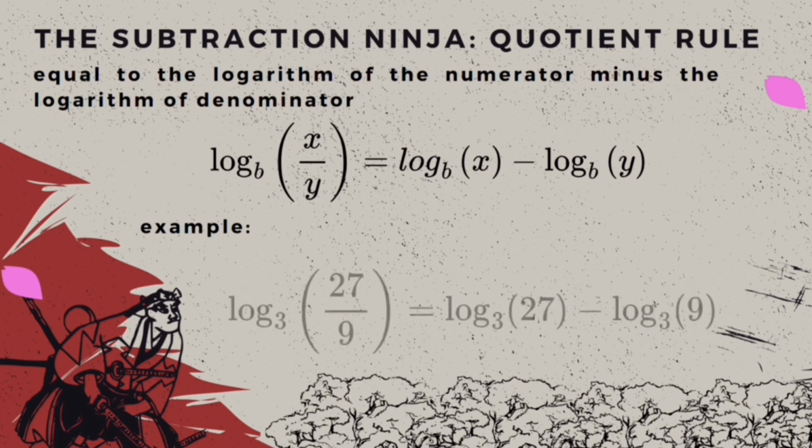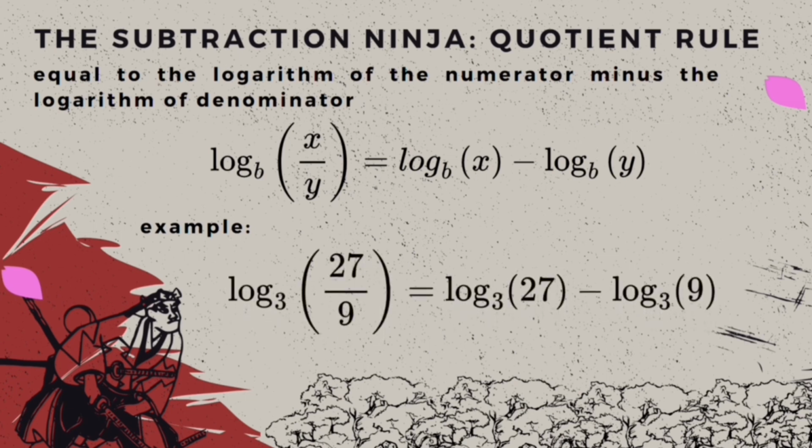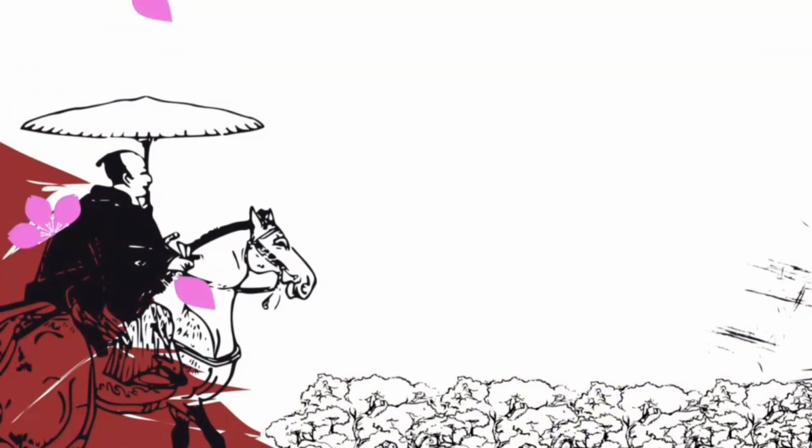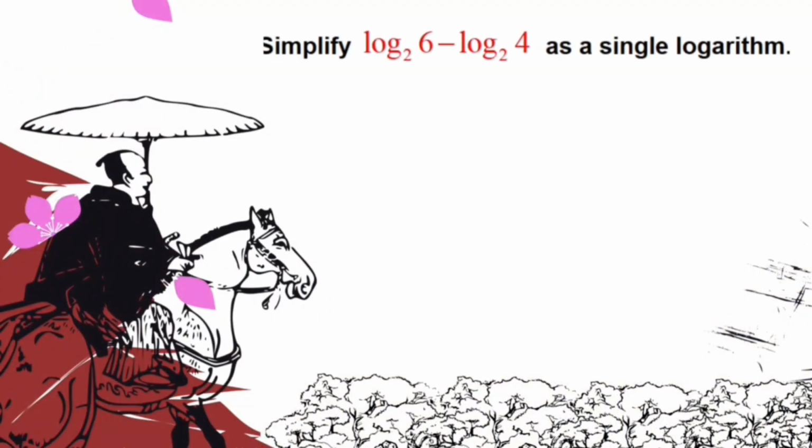For example, log of 27 over 9 with base 3 is equal to log of 27 with base 3 minus log of 9 base 3. Another example. Simplify log of 6 with base 2 minus log of 4 with base 2 as a single logarithm.